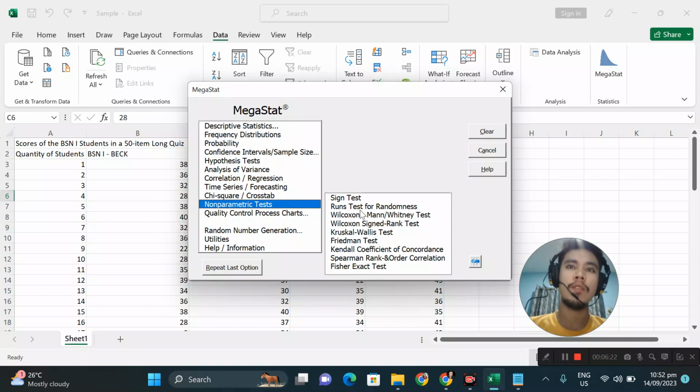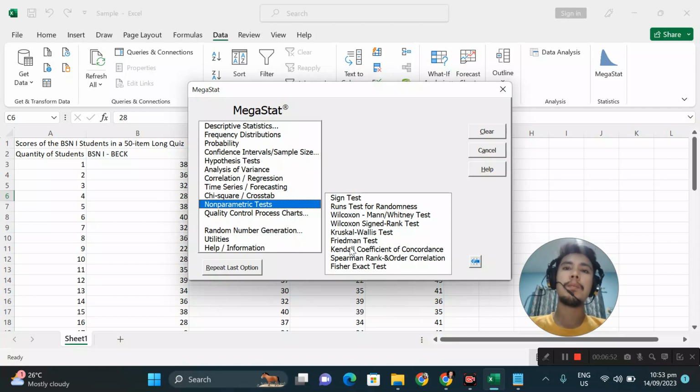We also have the test for randomness, the Wilcoxon-Mann-Whitney U test, the Wilcoxon signed-rank test, the Kruskal-Wallis H test, the Friedman test, the Kendall coefficient of concordance, and the Spearman rank order correlation, which is a non-parametric test compared to the Pearson correlation coefficient.